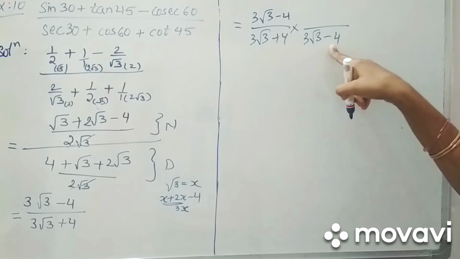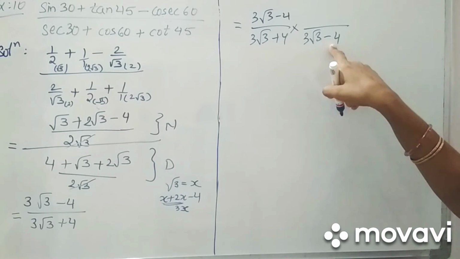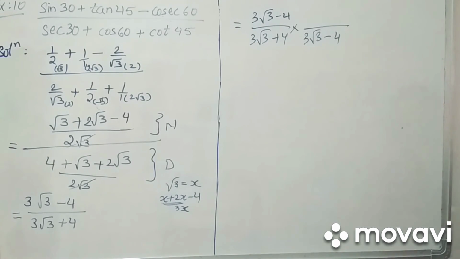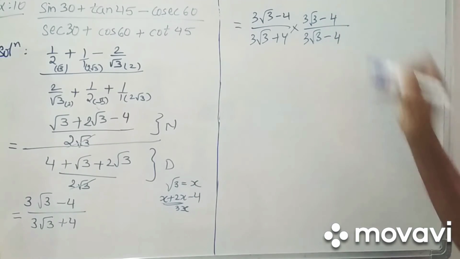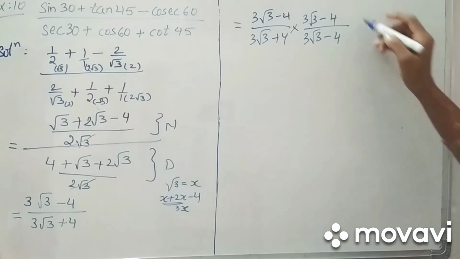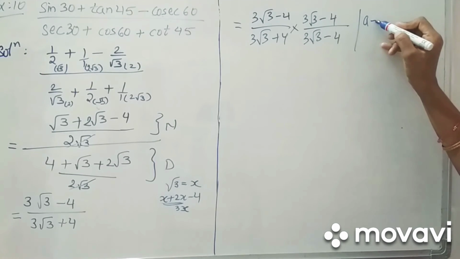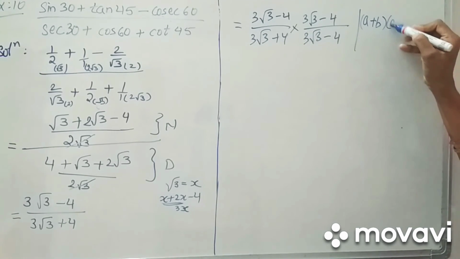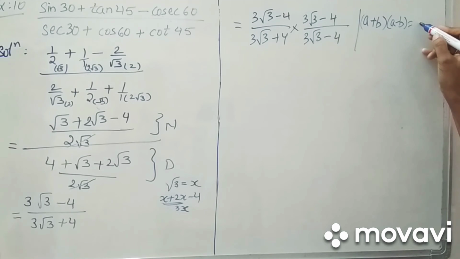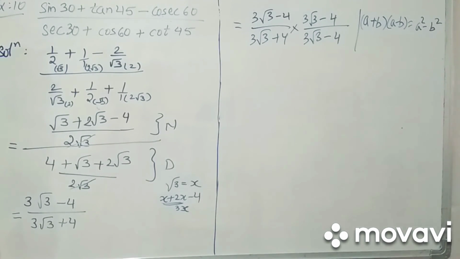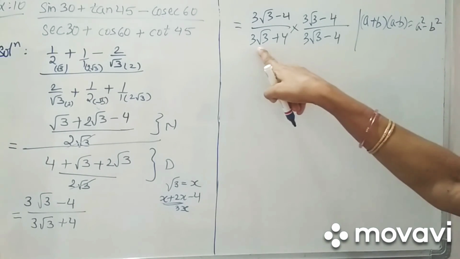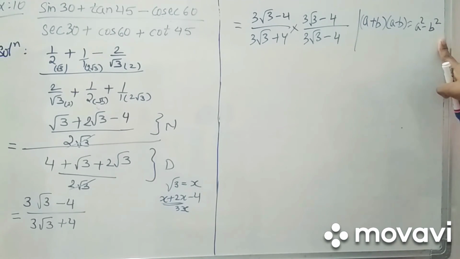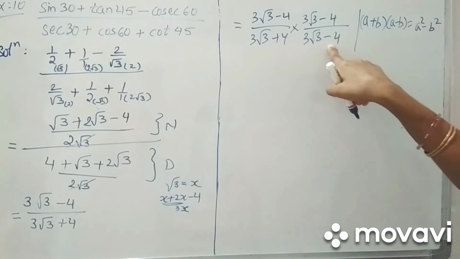In Chapter 1 of 9th standard you have done rationalizing the denominators. So the same will be in the numerator also, multiply with it. And why are we doing it? Because a plus b in bracket a minus b is equal to a square minus b square. As you are getting a square minus b square, my root sign would be removed in this format. That's the reason why we are multiplying.